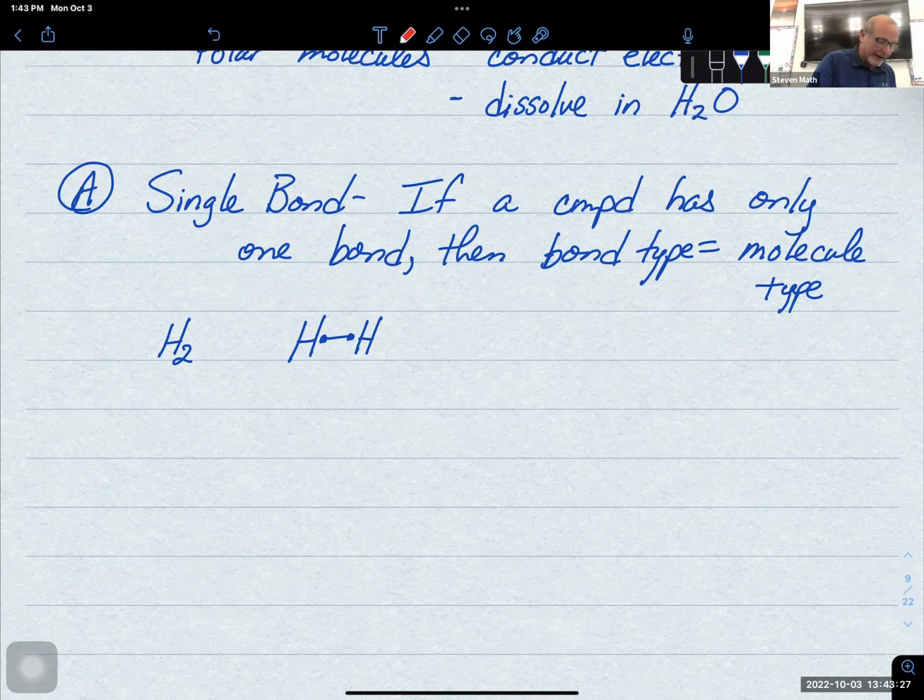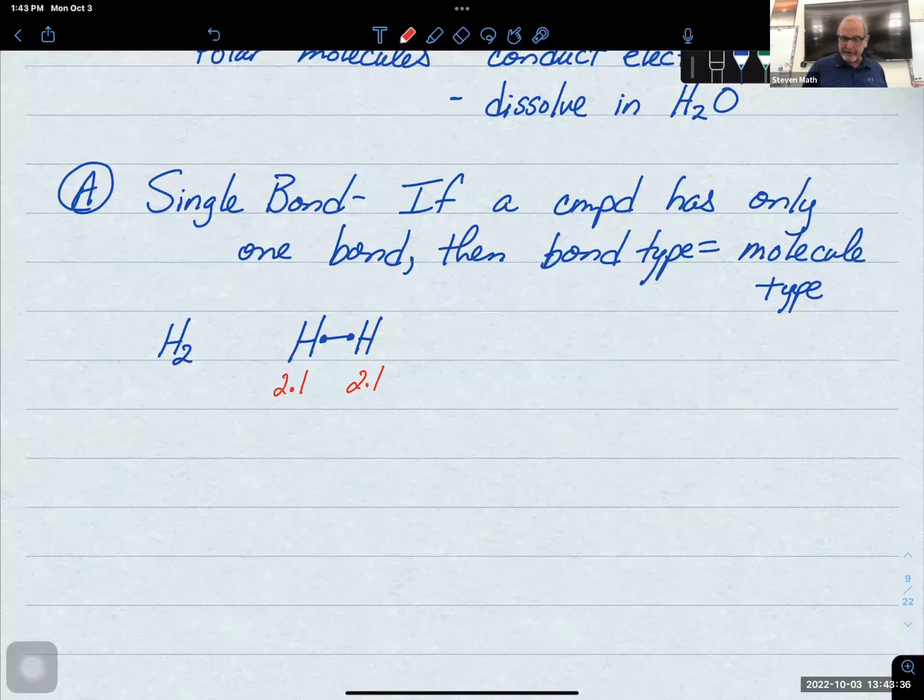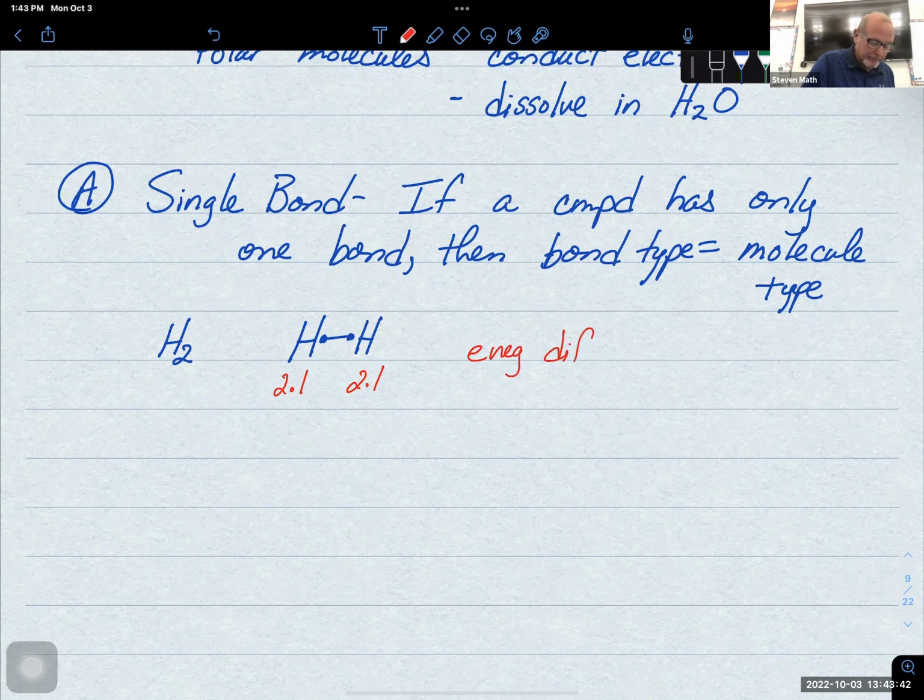So you've got that. If we look on that electronegativity table, we find out that hydrogen is 2.1 and 2.1. And well, if we subtract those, 2.1 minus 2.1, then the electronegativity difference is equal to 0, which means we have a nonpolar bond. So what that means is those electrons are equally shared between the two hydrogens.